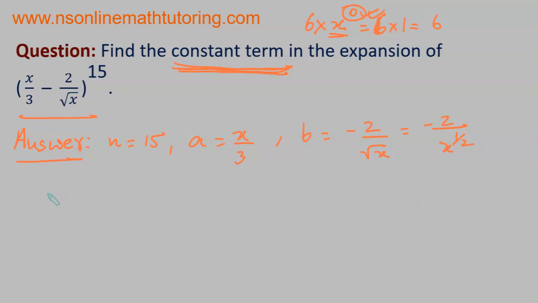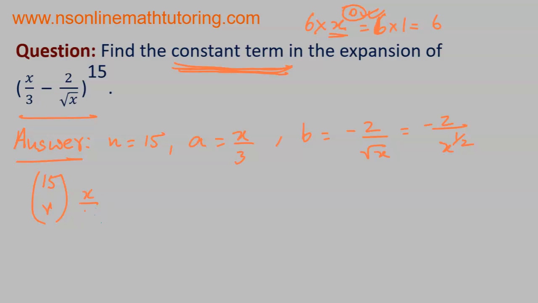Okay. So now we come to the general term. General term of the expansion will be nCr. We do not know the value of r, we have to find the value of r. But we know the value of n, that is 15Cr. a to the power of n minus r, a is x over 3.